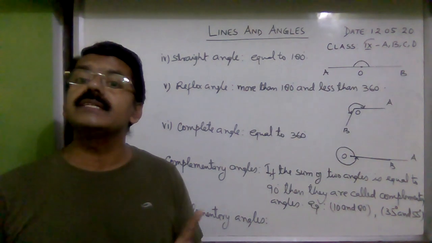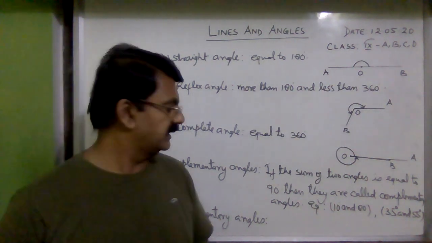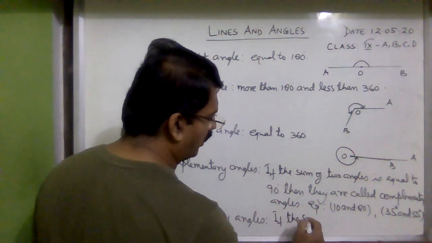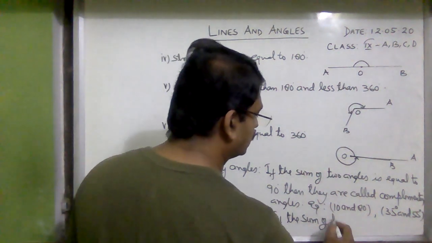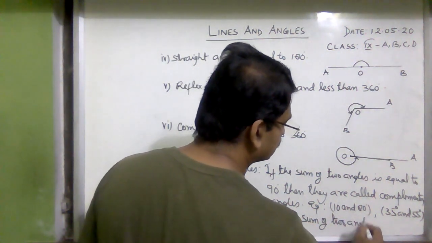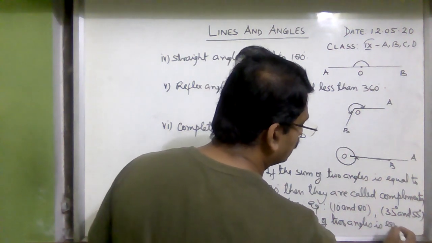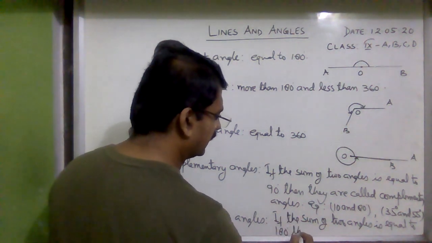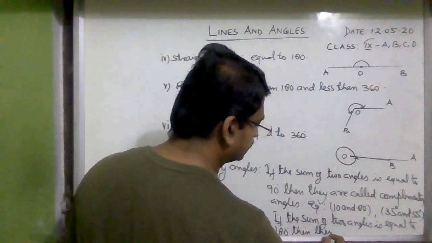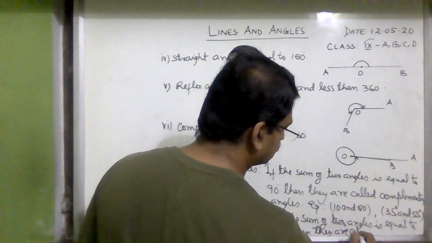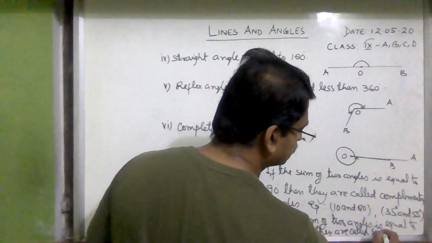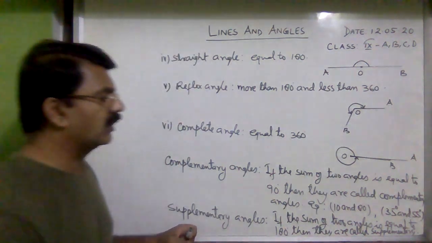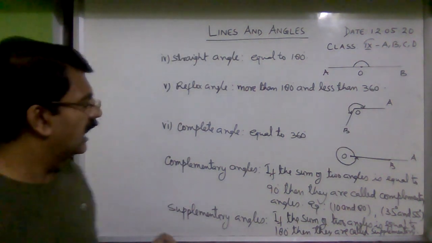When the sum of two angles is 180, then they are called supplementary angles. Clear?